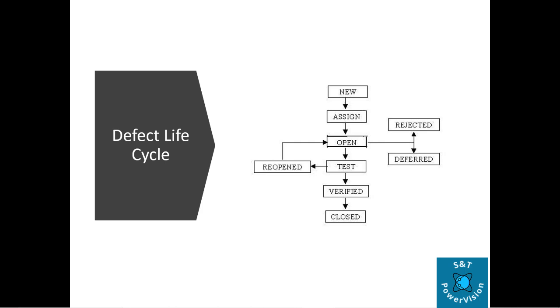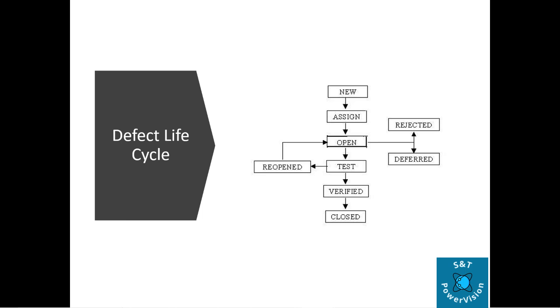After that, next is the defect life cycle. Here, in the defect life cycle, suppose we have raised the defect. At that time its status is New, and after that we have to assign it to the concerned team or concerned person. At that time the status is Open. After that, the developer opens the defect and checks whether it is a valid defect or not.